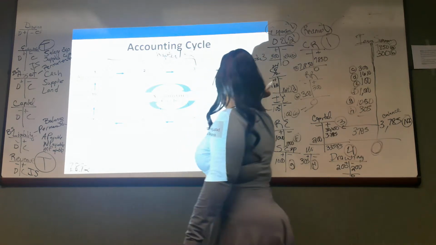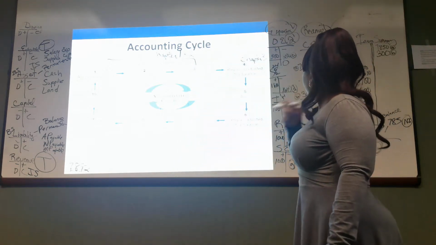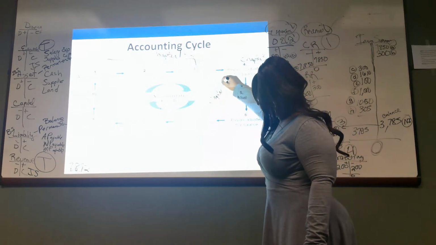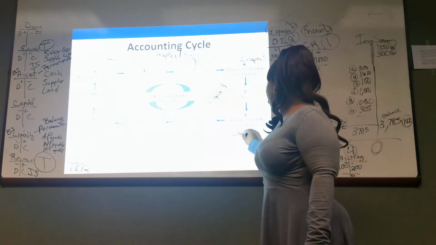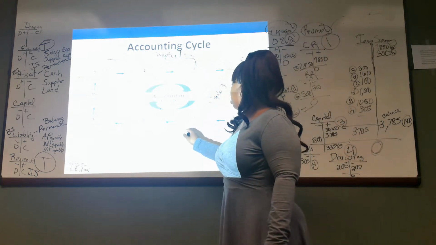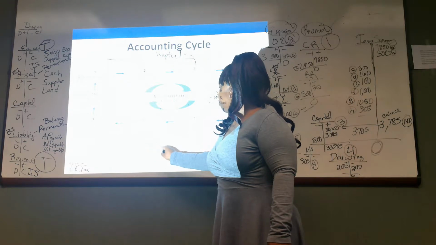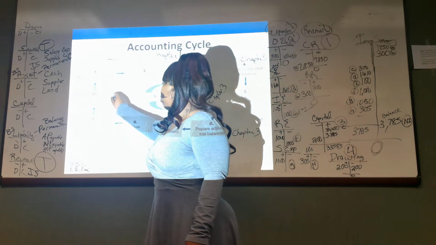So number 4, prepare unadjusted trial balance. This is chapter 3. Adjustments. This is chapter 3. Prepare adjusted trial balance. Chapter 3. Prepare statements. This is going into chapter 4. And then these are chapter 4 as well.